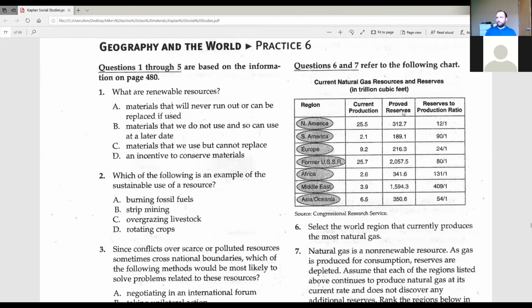Rotating crops means you grow one thing here, and the next year you grow something else. You have a field, you grow corn, and the next year you grow a different crop. The next year you let it sit with nothing, and then the next year you put another crop in.